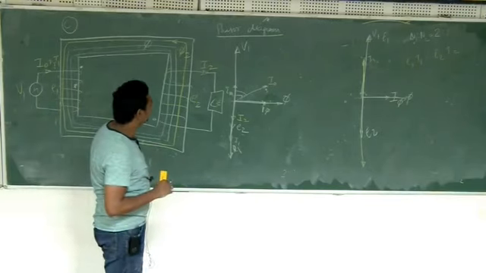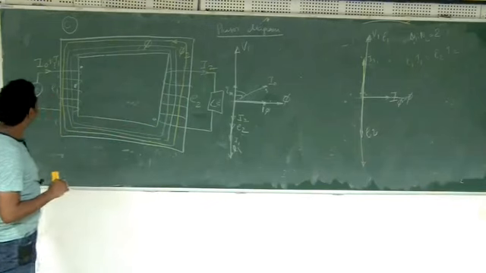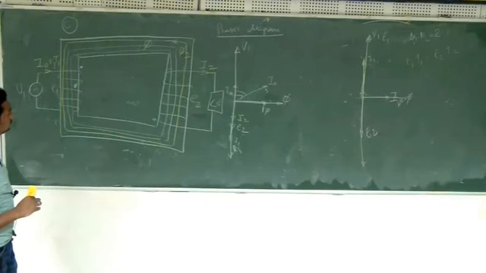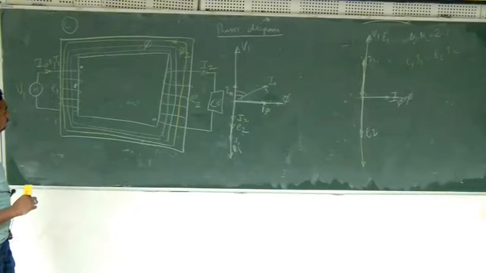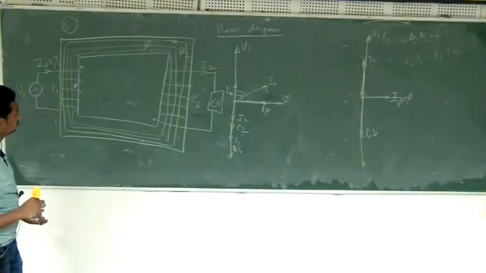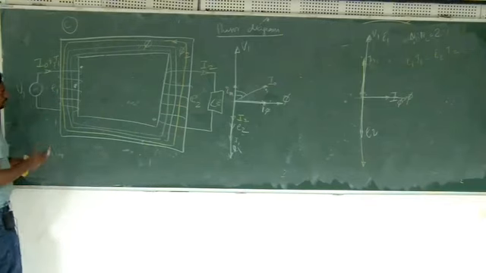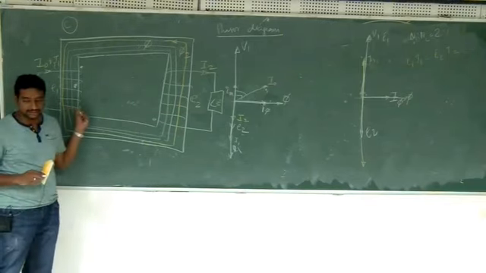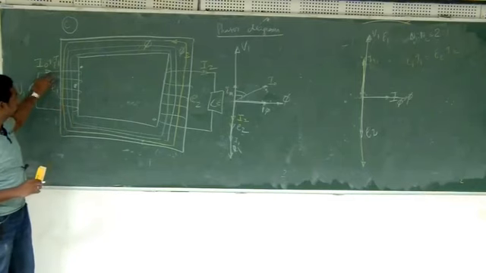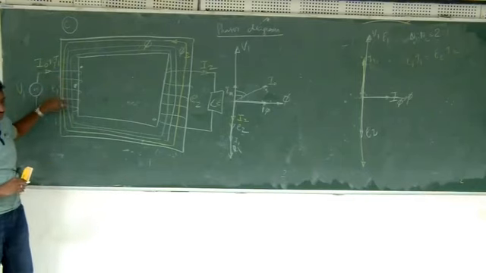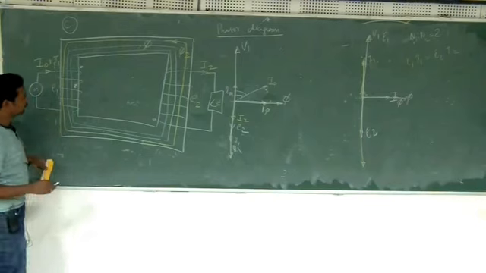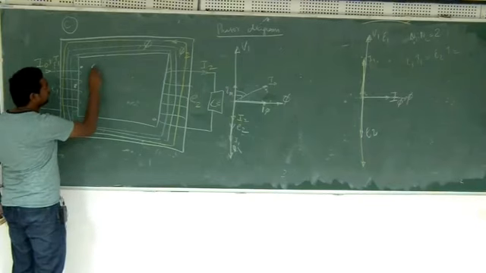So in the ideal case I did not consider any resistance, but what if there is a resistance in this? Okay, see, this place is there, I'll write it.